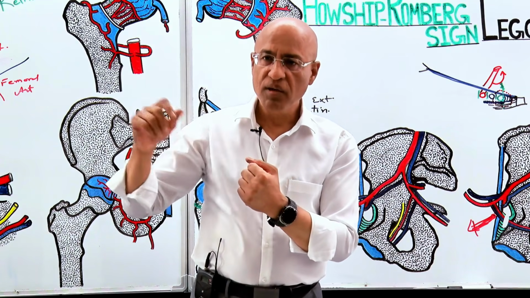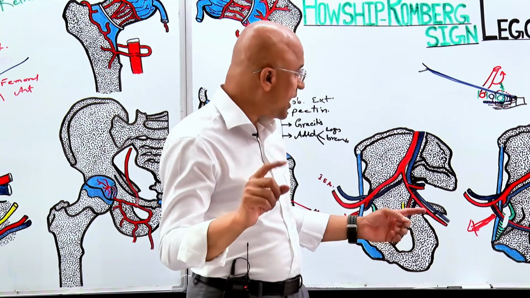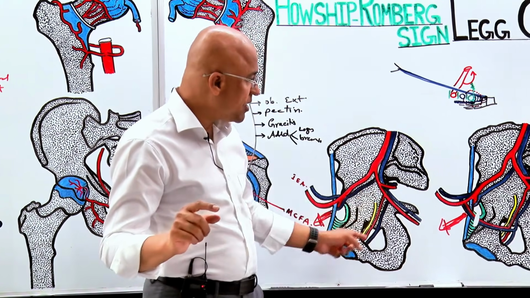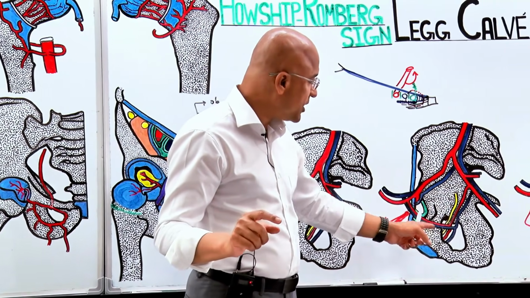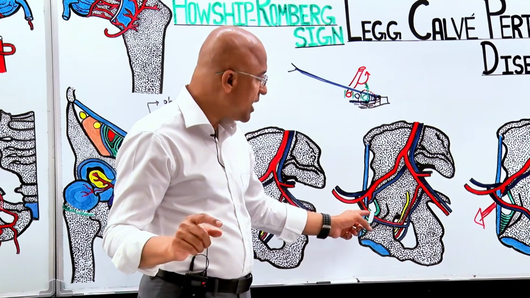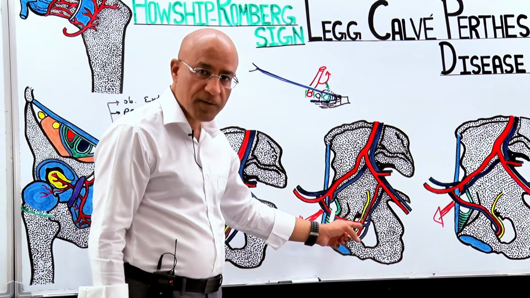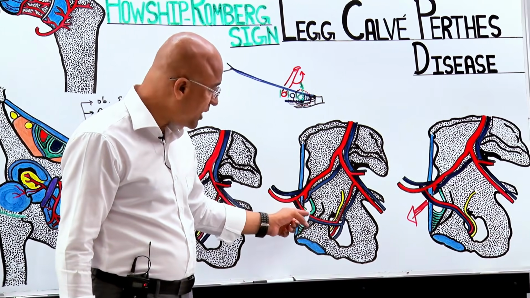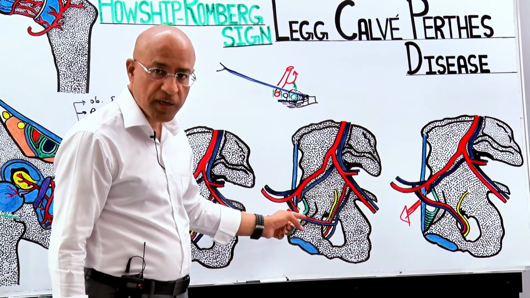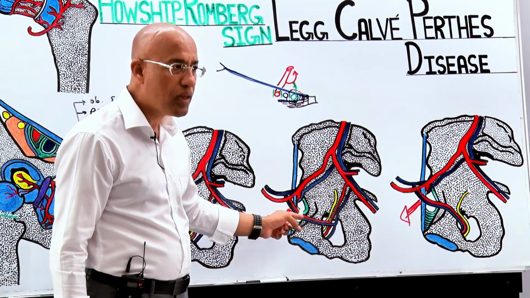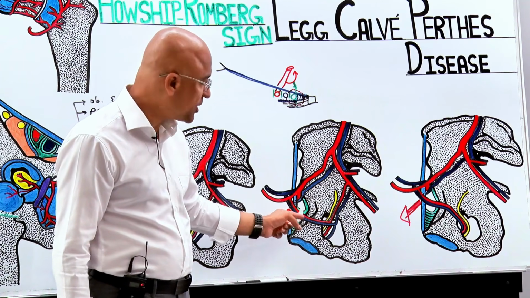One condition is that the normal obturator artery is there, but with the normal obturator artery, another extra obturator artery is coming. And this goes through the anastomosis and makes it high pressure, high volume. This is the accessory obturator artery.